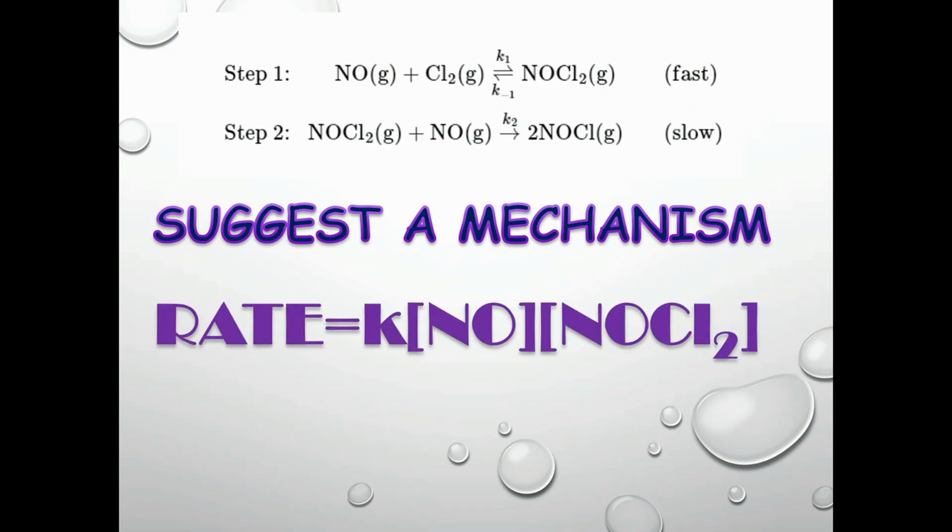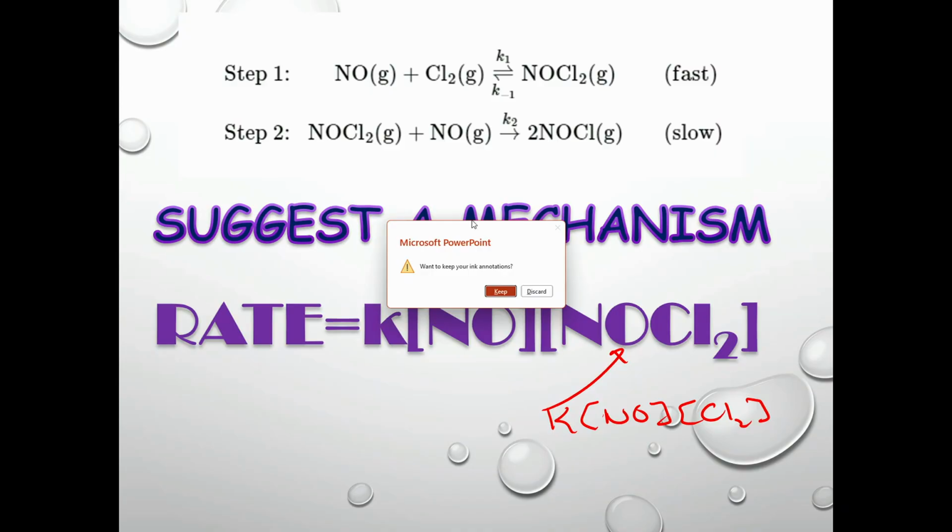So now for this, I'm going to substitute in a K times [NO] times [Cl2], which is what I got from the equilibrium. Now I got a bunch of Ks here. But they're all constants. I can put them all together.